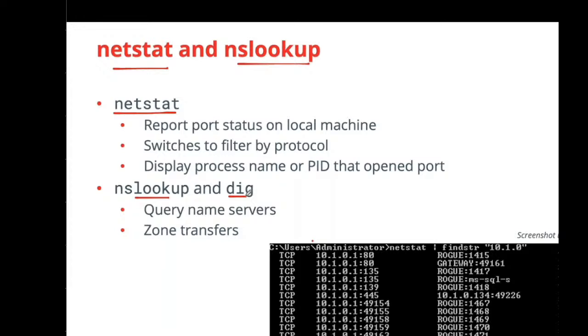An attacker may test a network to find out if the DNS service is misconfigured, and a misconfigured DNS may allow the zone transfer, which will give the attacker a complete record of every host in the domain, revealing a huge amount of information about the way the network is configured. So nslookup and the dig command are used to query the DNS server.